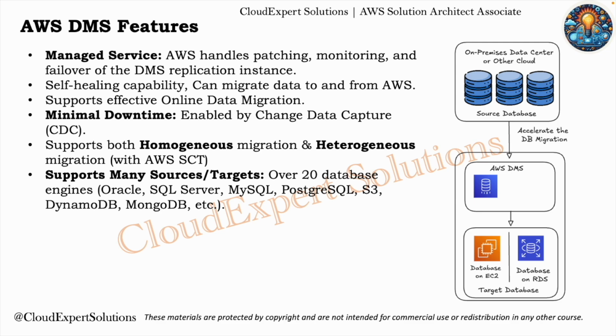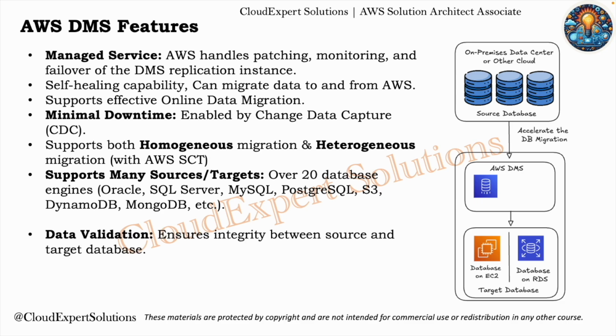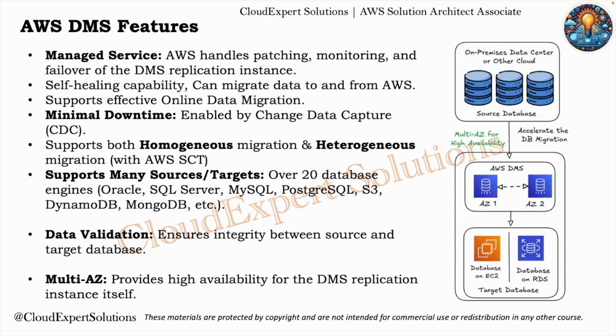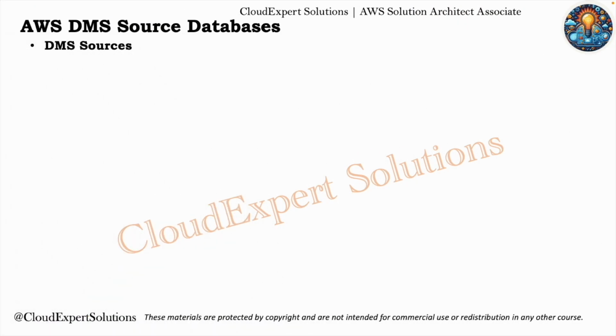In the next slide, we will review all the sources and the targets. It also performs data validation to ensure data integrity between your source and the target database. And last but not least, AWS DMS offers a multi-AZ option for the replication instance, which ensures the migration process is highly available. Now let's review AWS DMS source databases.